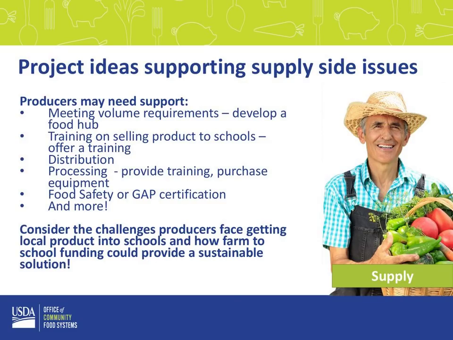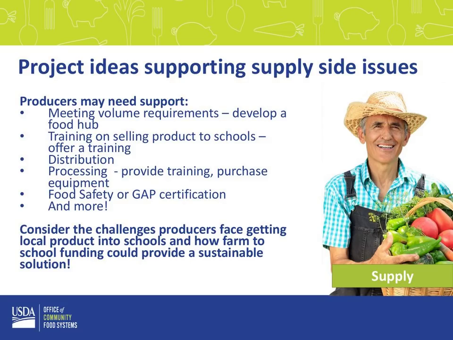So let's think about project ideas that might help or provide a solution for issues that arise on the supply side. The supply side being agricultural producers, producers that are growing our fruits and vegetables, or giving us our dairy, or taking care of animals that are used for consumption by humans.